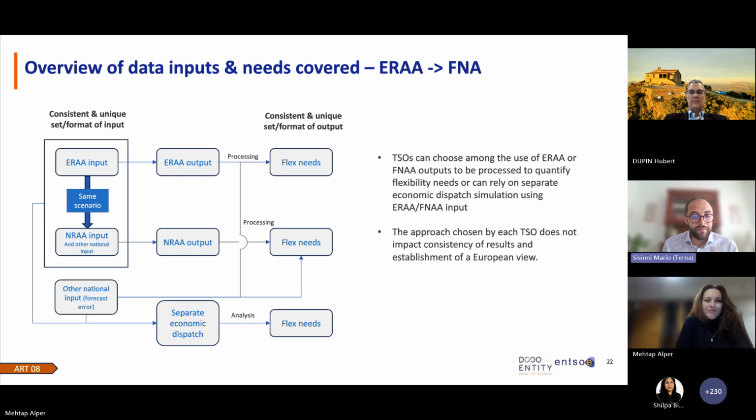Method. A bit more in detail into this concept of interactions between ERA and flexibility needs assessment, or adequacy and flexibility needs assessment. You noticed in the previous slide that especially for the system needs, there is this set of input which is coming from adequacy studies.